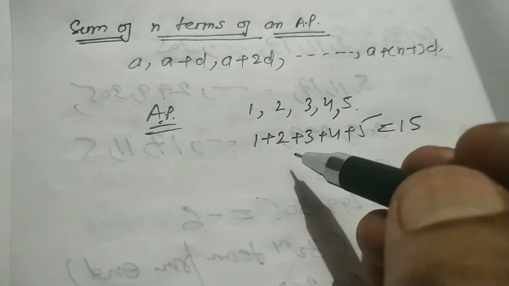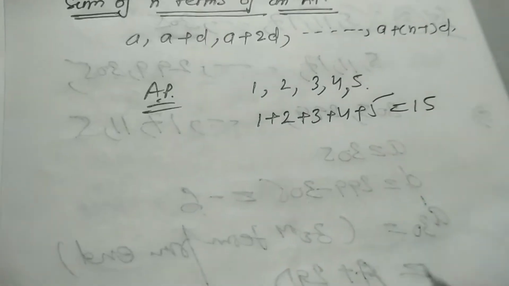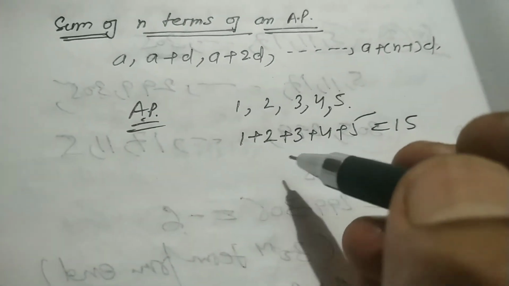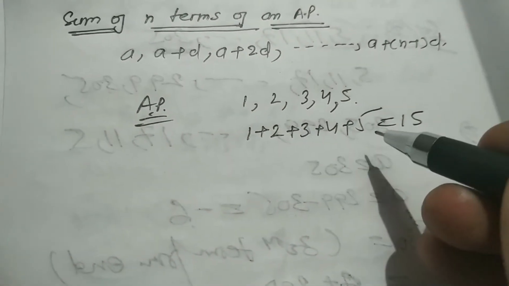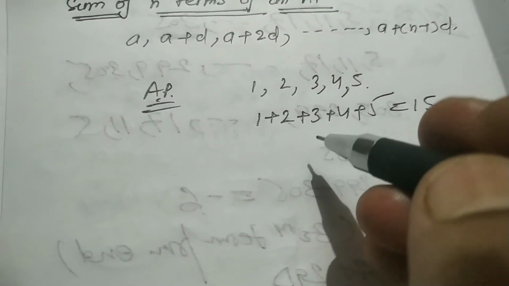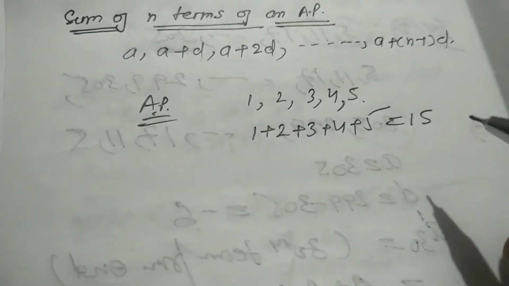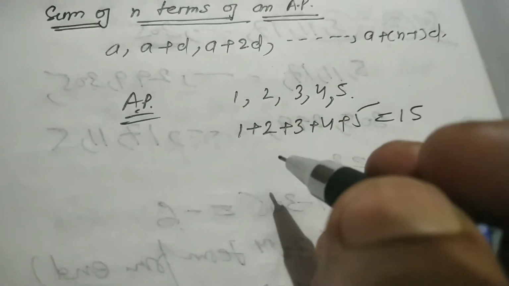But if the AP is very long, then it is very difficult and tedious to sum all the numbers, and it takes a long time.